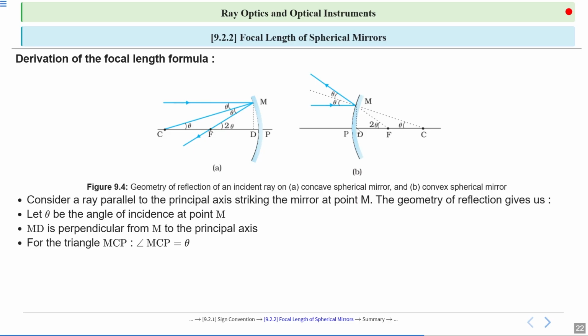So D and P are very close to each other, and we can take MCP. This angle MCP, in both cases, is theta. For triangle MFP, this angle is 2 theta for both these mirrors.